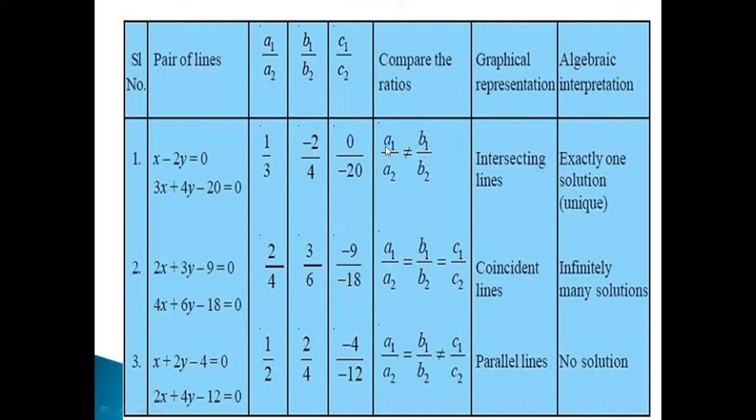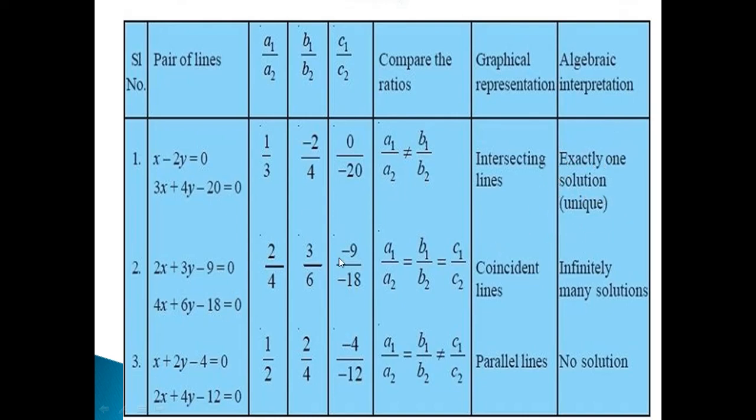If we have to compare two equations, a1 by a2, b1 by b2 and c1 by c2, and we get a1 by a2 not equal to b1 by b2, the lines obtained are intersecting lines. That means we have a unique solution.